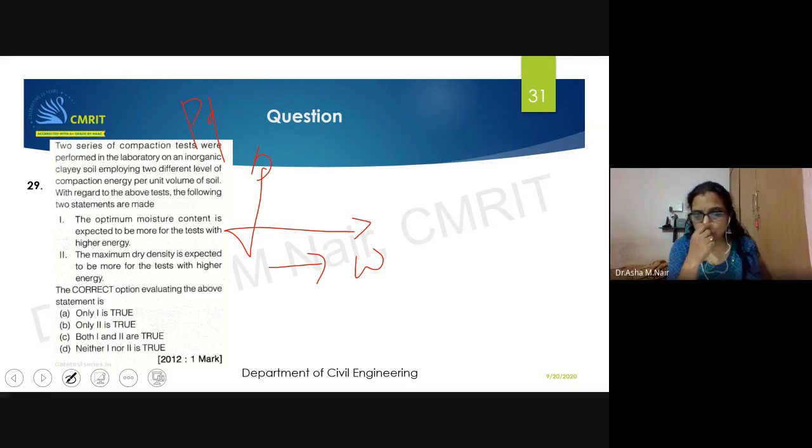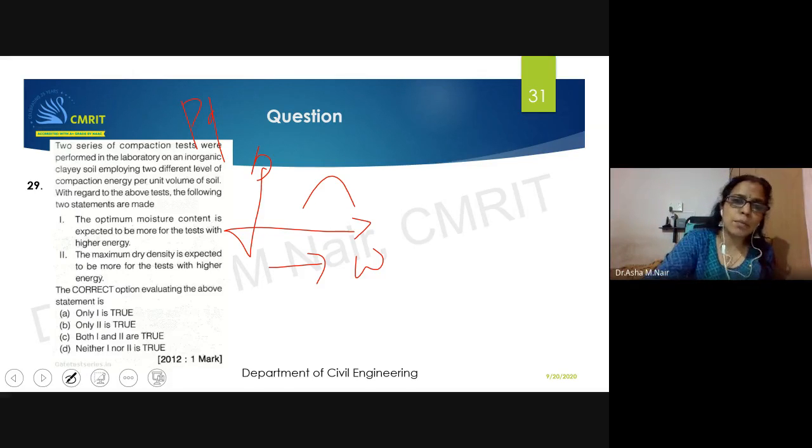This is a compaction curve. If you increase the compaction energy, the curve will shift like this, wherein dry density will increase and moisture content will decrease.